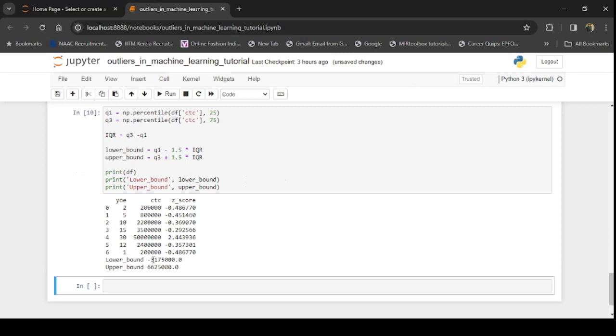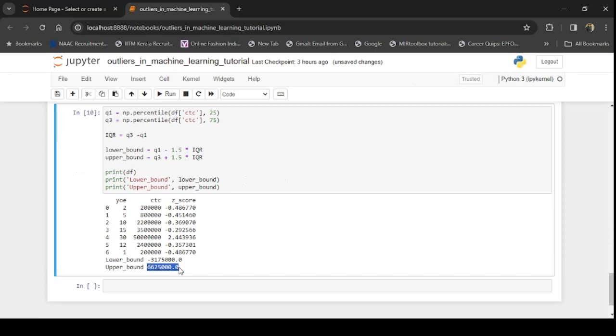Here we are evaluating the lower bound and upper bound of CTC value. Any data point above this upper bound or lesser than the lower bound will be treated as outliers. In this case, this entry is an outlier because the CTC value is above upper bound.